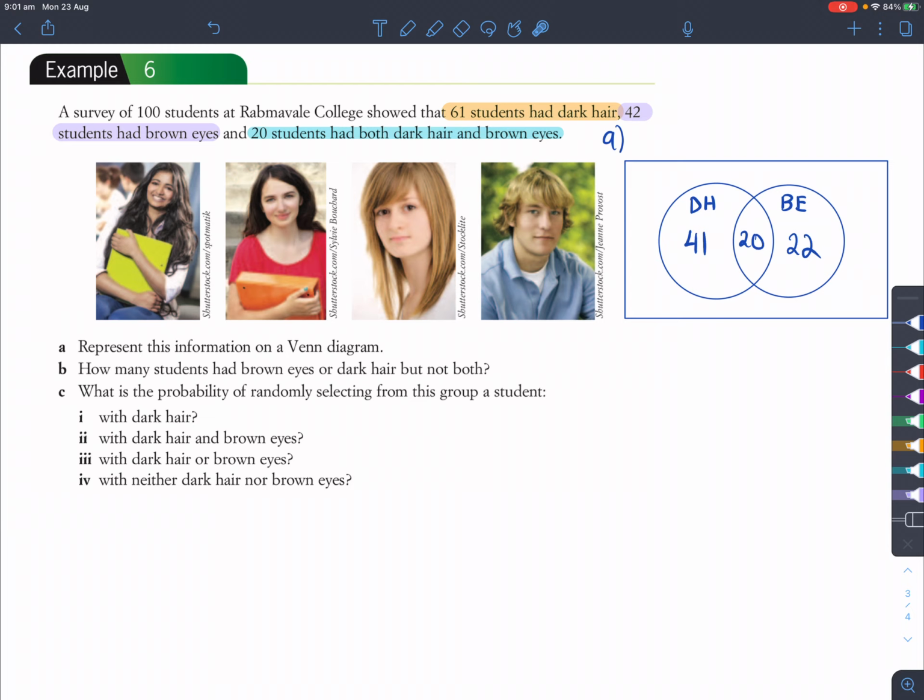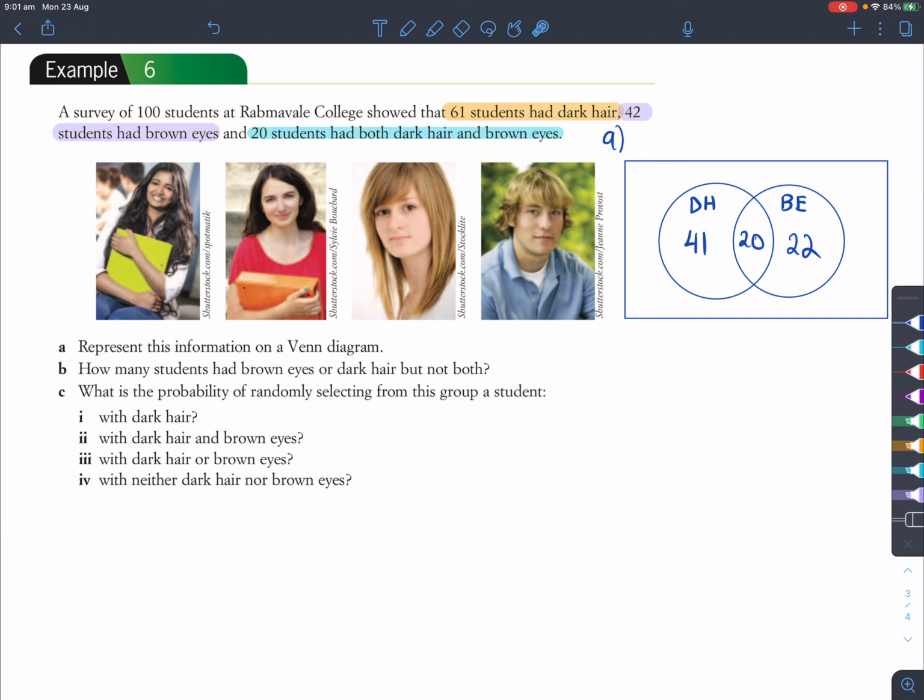Now let's total this up together. If I add all these numbers together, I do get a total of 80, no, is it 83? Let me just double check. Yep, it is 83 students, right?